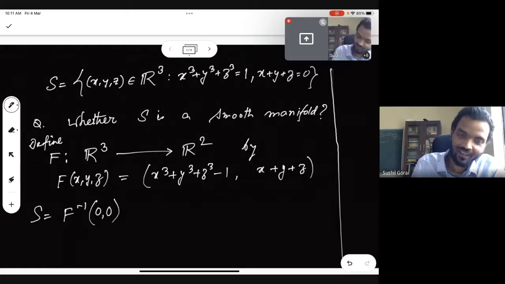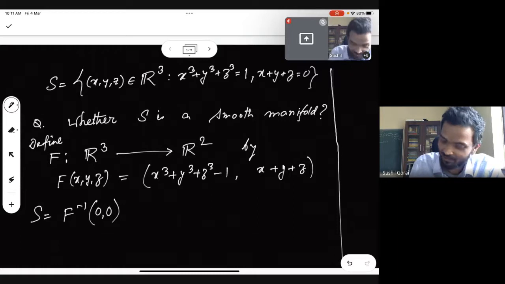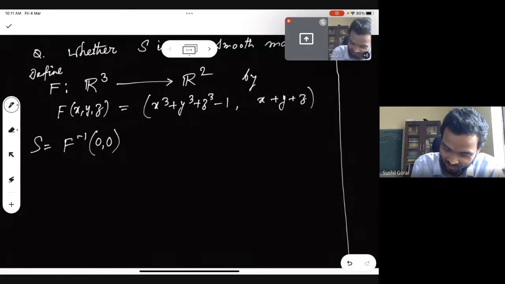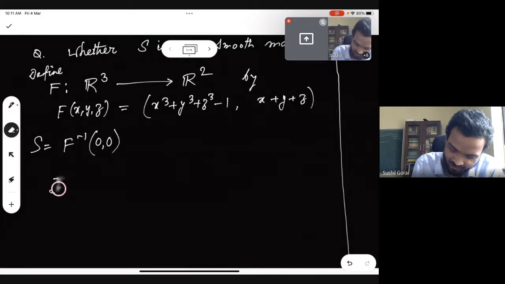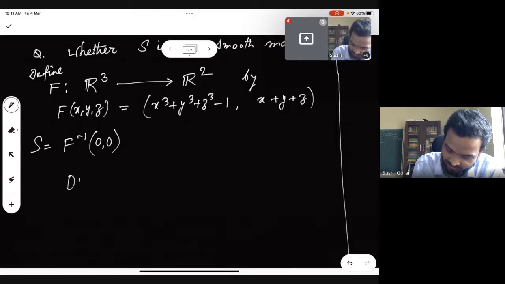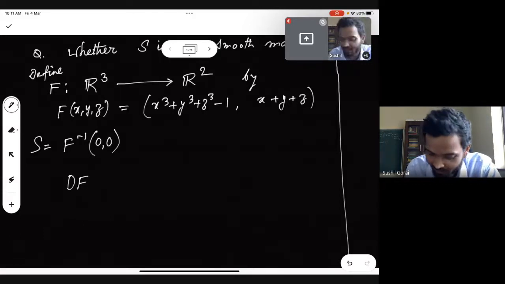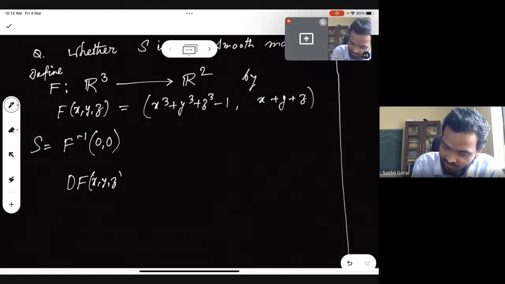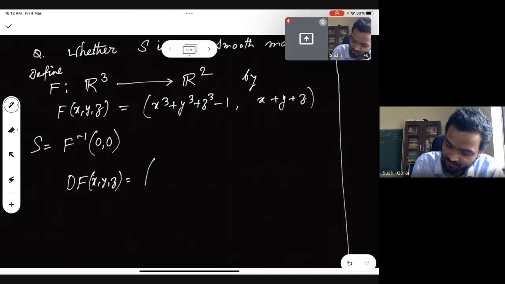Now you want to apply the implicit function theorem. Let us try that. So what is the Jacobian of f? Let me write df at (x, y, z), using calculus notation.